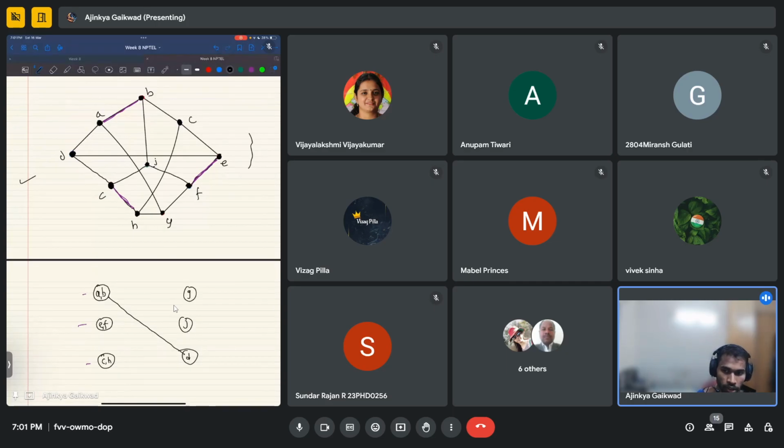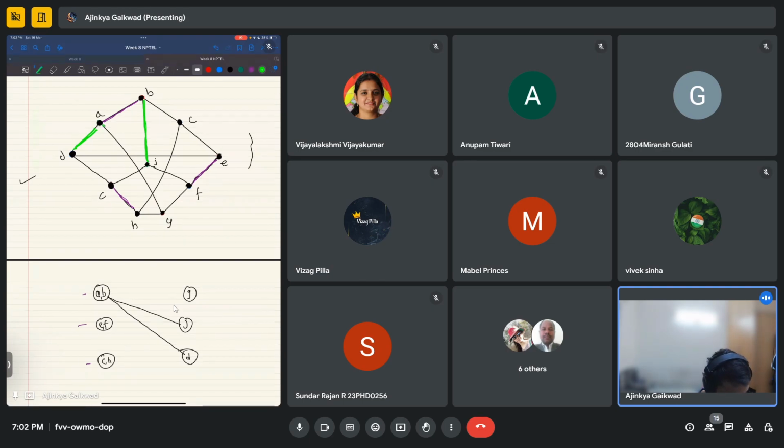The newly formed vertex after edge contraction on edge A comma B will be adjacent to D. B was adjacent to J, so AB vertex will be adjacent to J, and A was adjacent to G. So I put edge AB and D, then AB and J, and finally I'm adding AG.